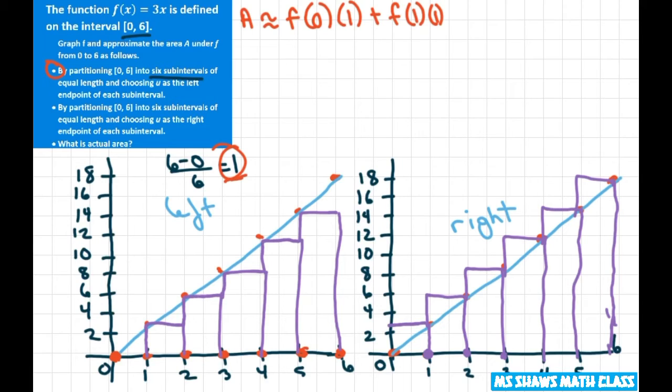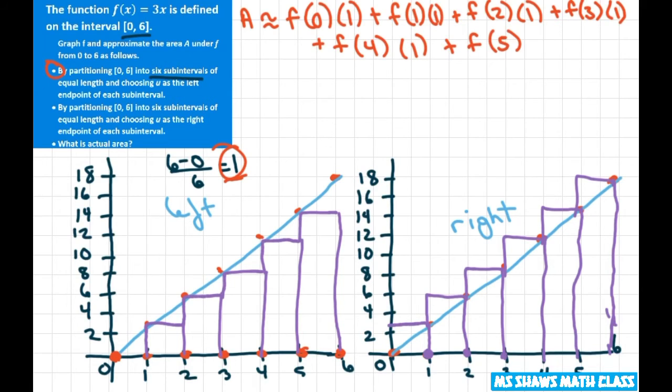Plus f of 2 times 1 plus f of 3 times 1 plus f of 4 times 1 plus f of 5 times 1. So we're only going to 5. So we're only using these endpoints.